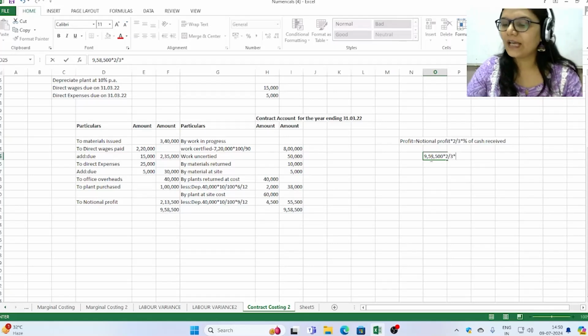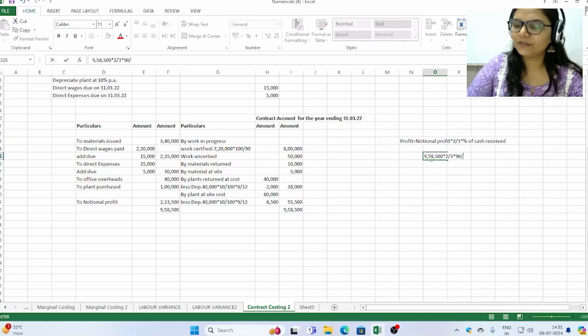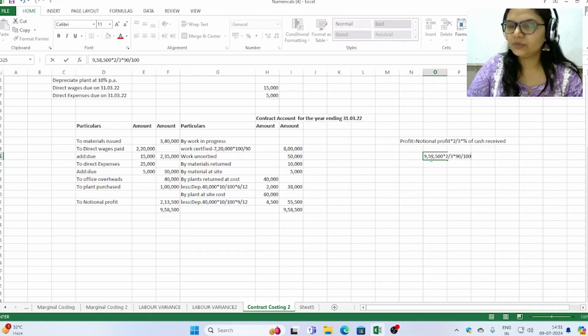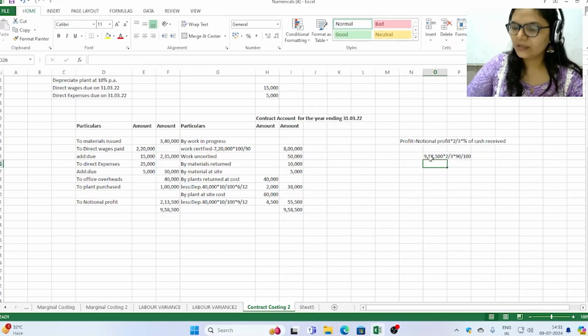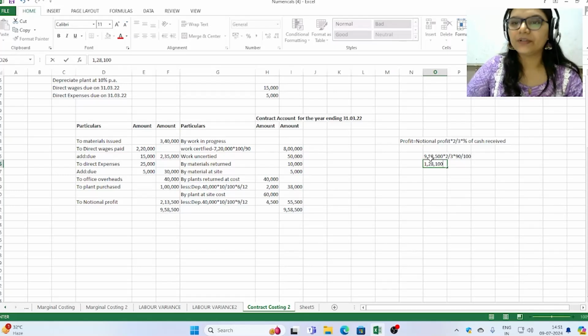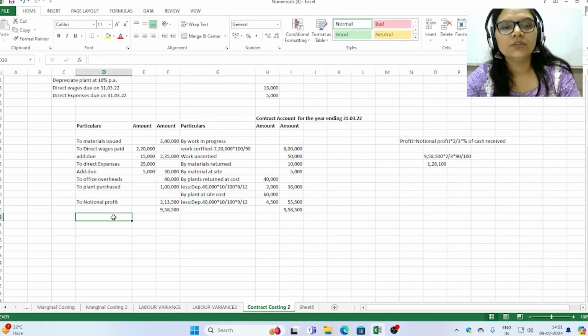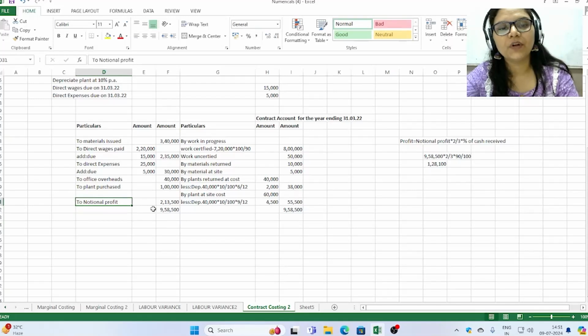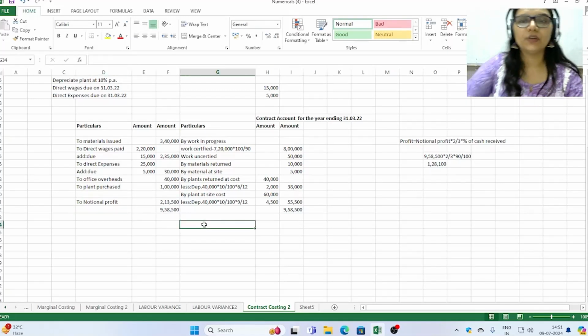So as per our calculation, the profit comes out to be 1,28,100. So first of all, this notional profit will be brought down on the credit side.